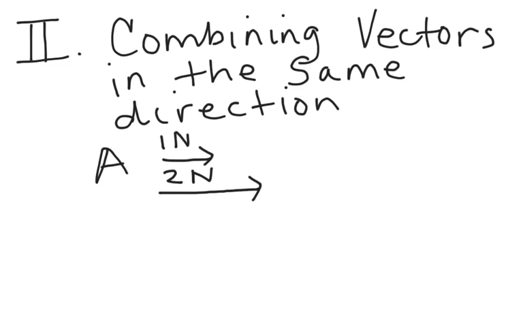And what is the total if I were to add these two vectors? These two vectors are in the same direction, so you simply add them. And so 1 plus 2 is going to give me 3 newtons to the right, or an arrow 3 times the length of the 1 newton vector.